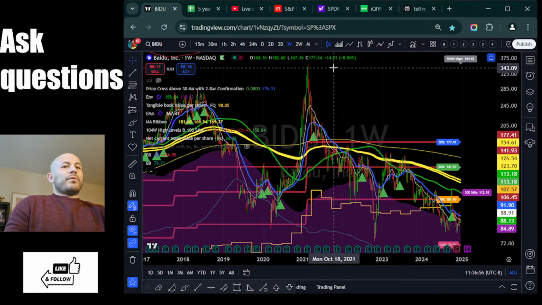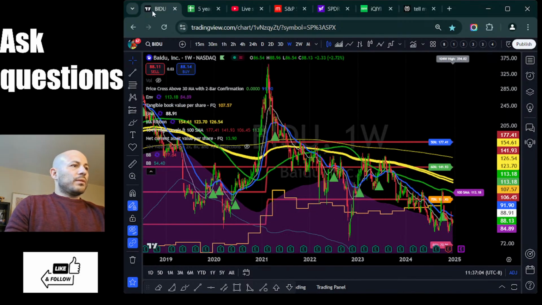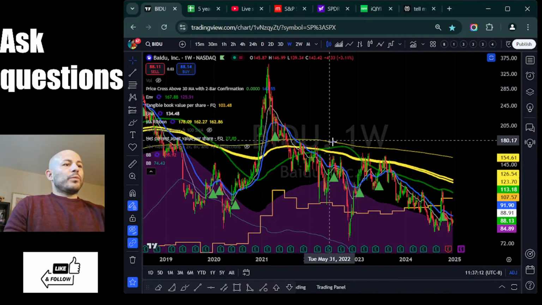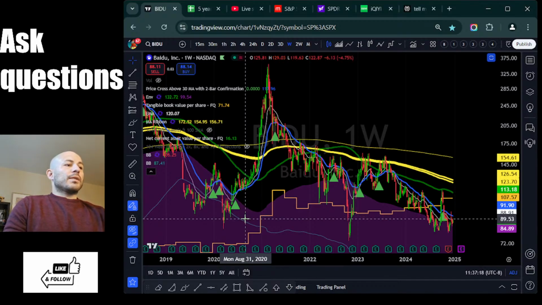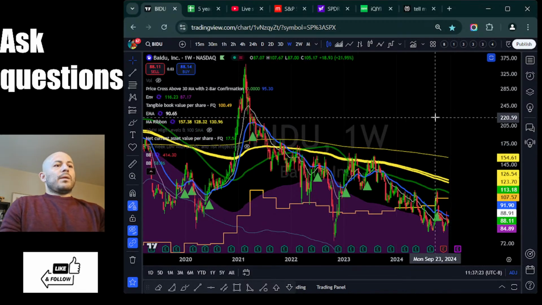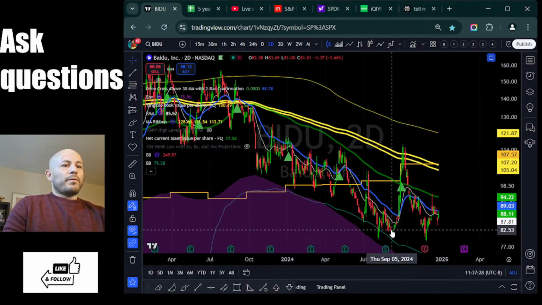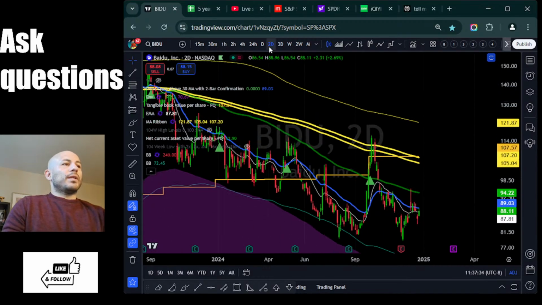Baidu used to be $343 a share. Multiple times, Baidu has hit below $100 and then rallied up. It did it once before, recently, when they announced the stimulus. It went from $82, $81 to $113, which is the 200-day moving average right there.